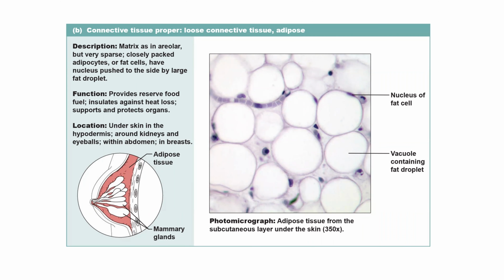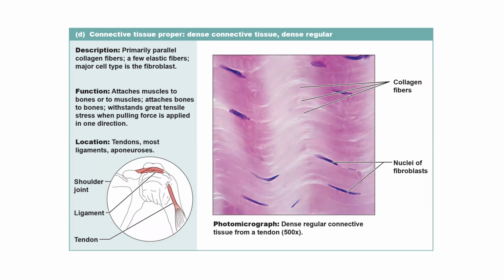I do have another video where I cover the chapter in our textbook and explain this classification of tissue. So you do need to watch that video as well to understand what connective tissue proper means and why some is proper and some, for example, is fluid and another is supporting. But that's for another video that I already recorded.